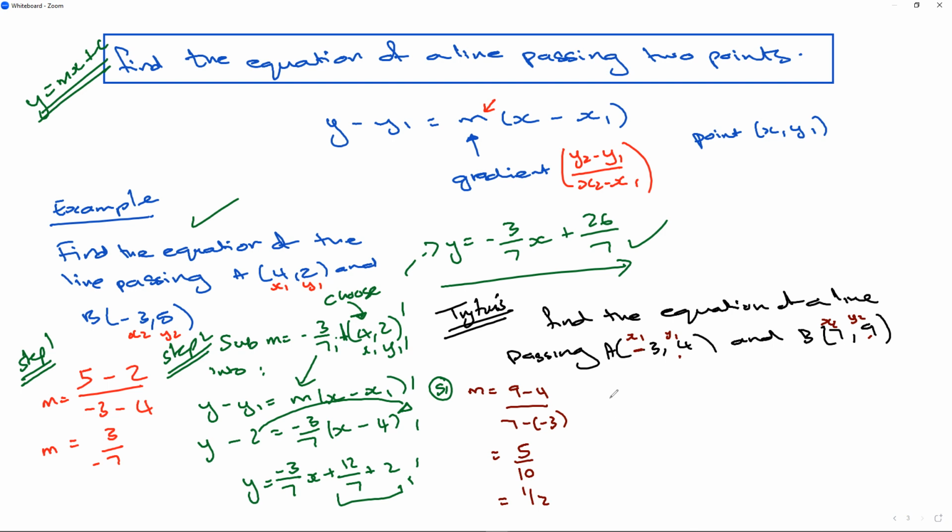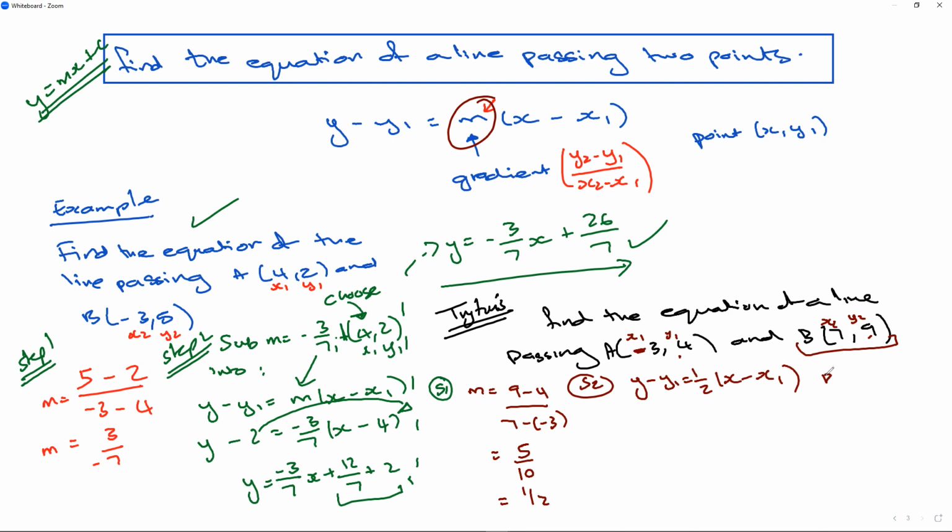So now that I know that the gradient is half, I can go on to step 2 and substitute it into my formula. Y minus y1 equals m, which is half now, x minus x1, going straight into that equation, changing the m value. Between the two values, instead of dealing with a negative, I will rather use 7, 9.